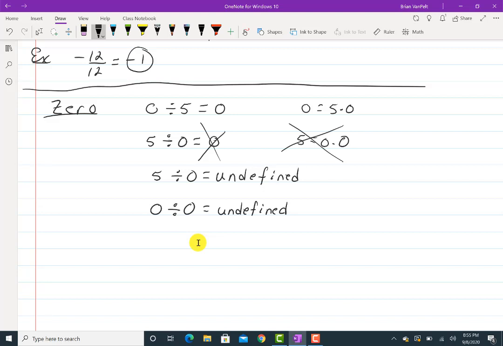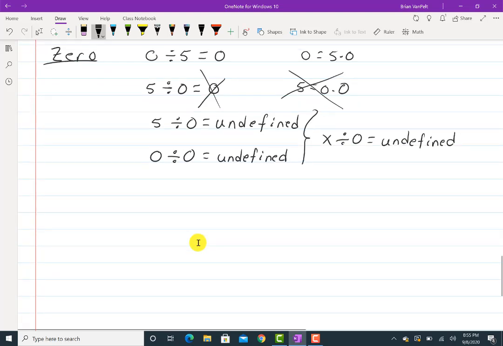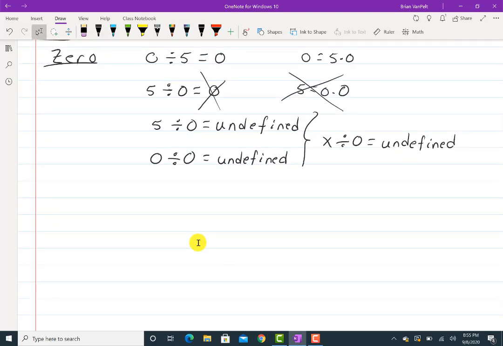So the way to remember this, I guess, is any number divided by 0 equals undefined. Just as one quick example, you'll get undefined as long as you're dividing by 0.